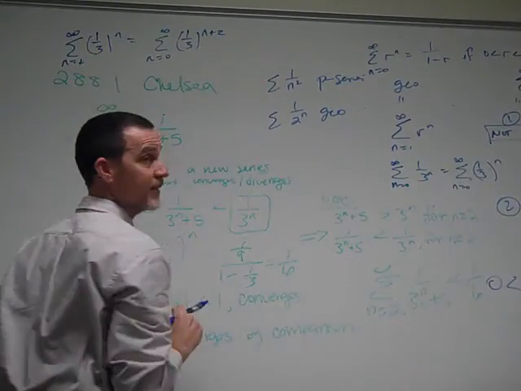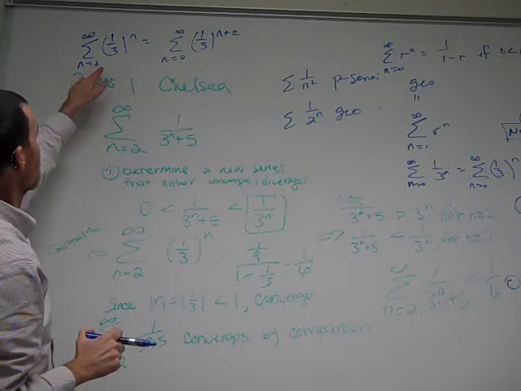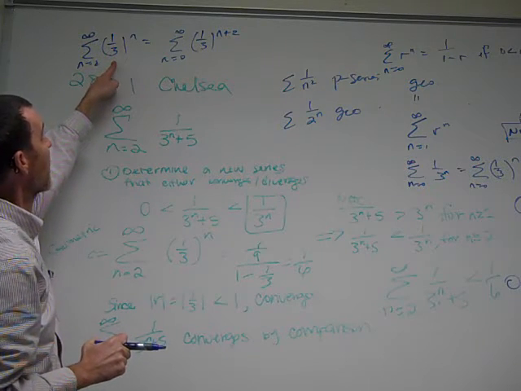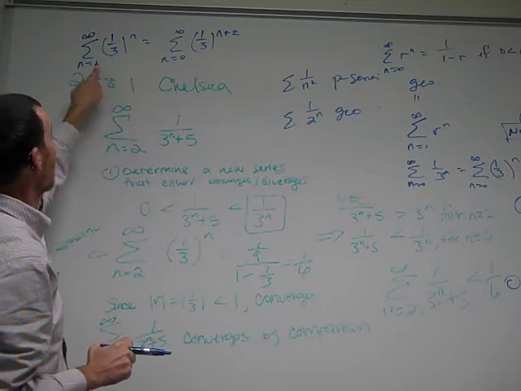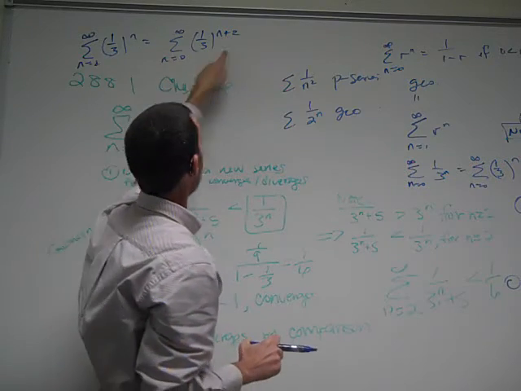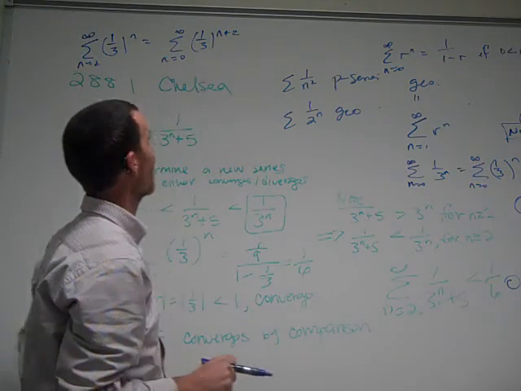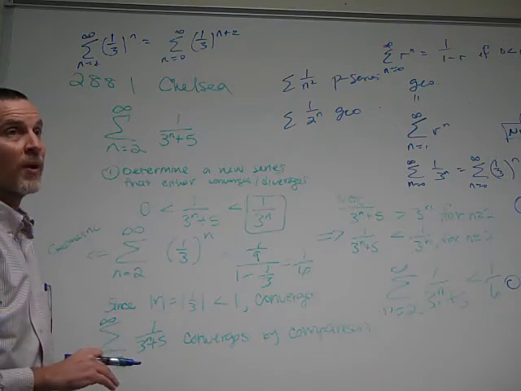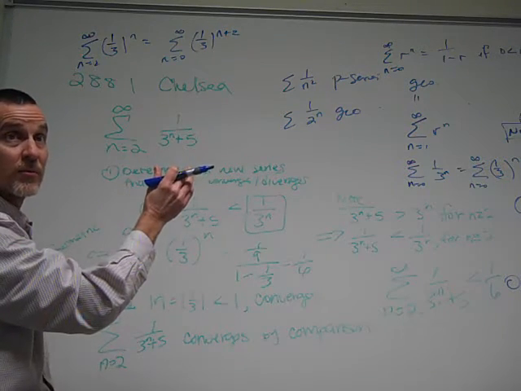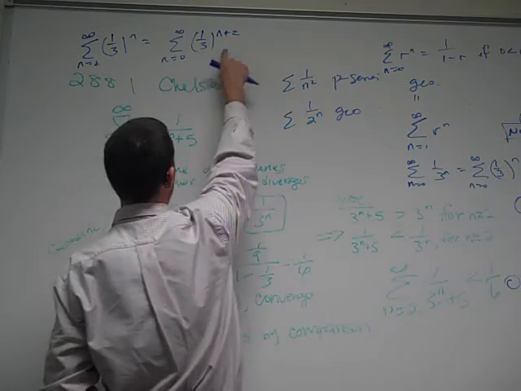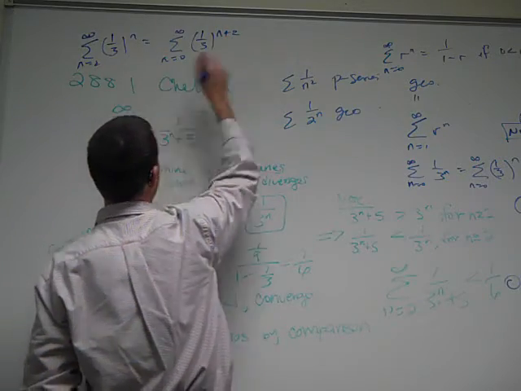N plus 2, right? What's the first term here? It's 1 over 3 squared. So if I want to start at 0, if I just change my index to 2, what do I have? 1/3 to the n plus 2. Because now the 0th term will be 1/3 squared, just like that.